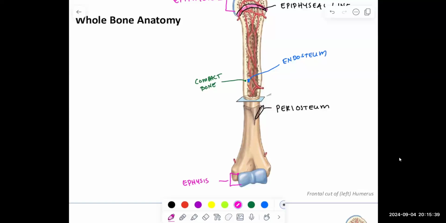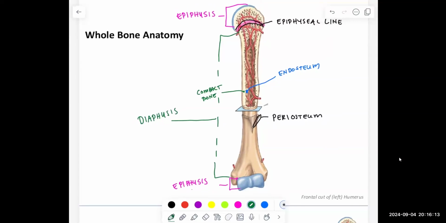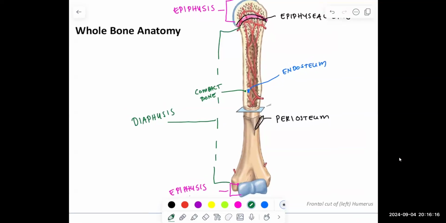The epiphysis is the end regions of long bones, and it's on both ends. The bone shaft, which is everything else, that is the diaphysis. This is the shaft. Okay. So when we ask, what is the epiphysis? It is the ends, and the border is the epiphyseal line. All right.